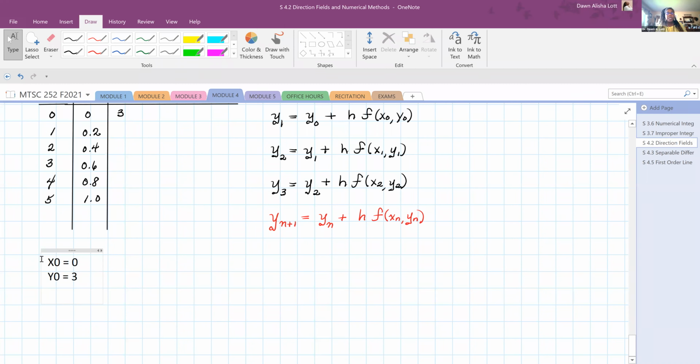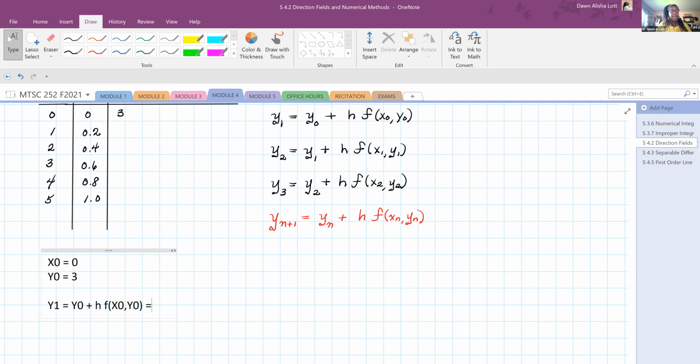Okay, so now we need to compute f of x0, y0. Okay, so we know that y1 is going to equal y0 plus h times f of x0, y0.